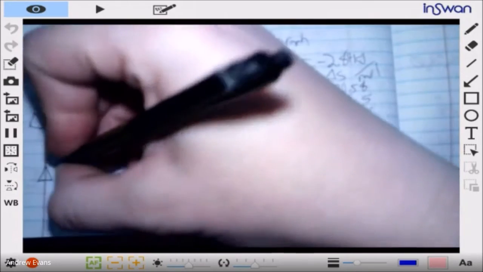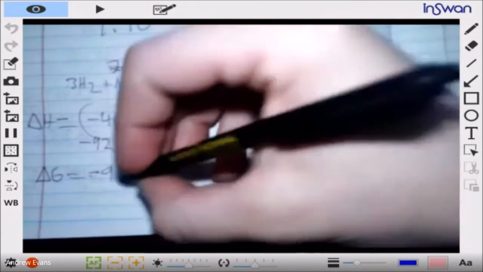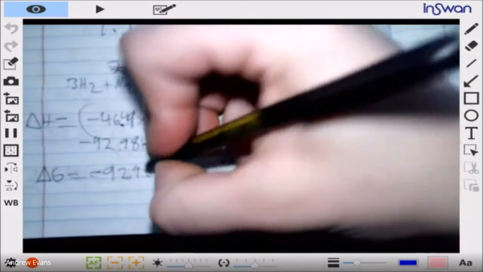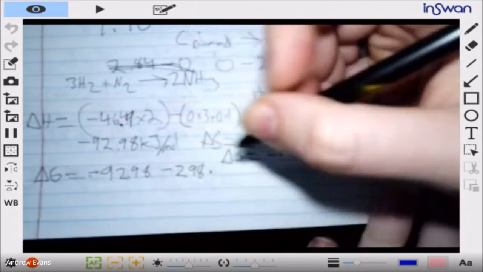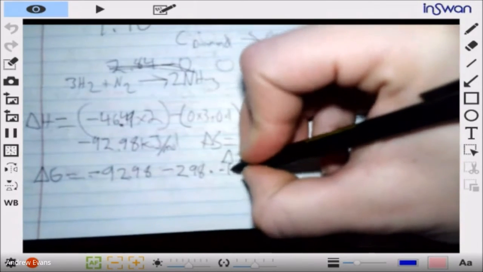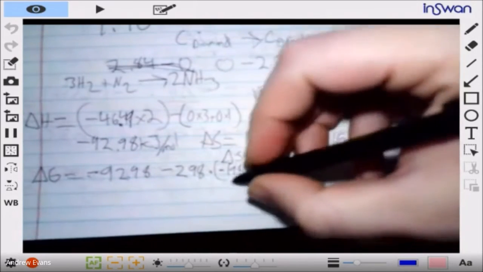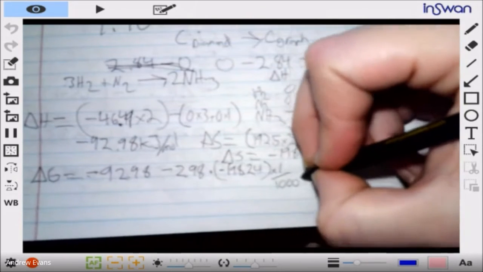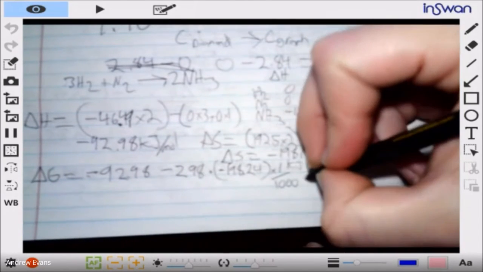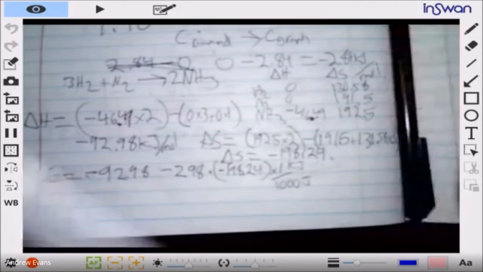So the first question is, what is your delta G at 25 degrees? We take negative 92.98 minus 298 times negative 198.24 divided by 1,000, which gives us kilojoules, since there are 1,000 joules per kilojoule.